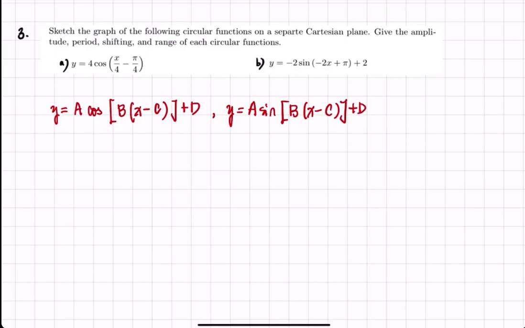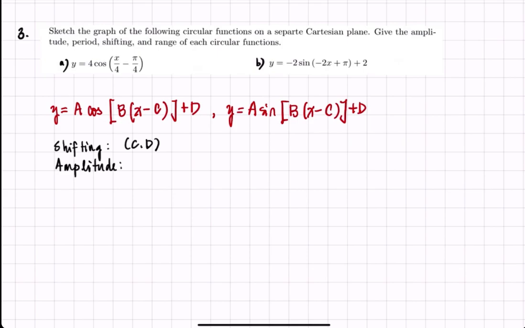So, ito yung mga important pieces of information that you need para mag-graph siya. So, kailangan mo yung shifting. This is the C, D. Right? And the amplitude.